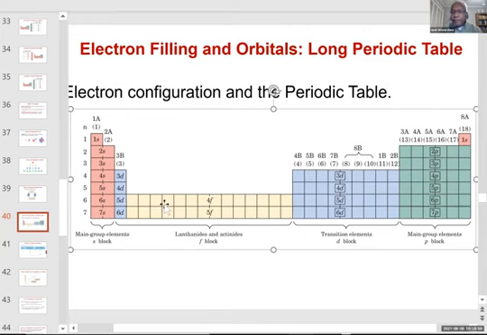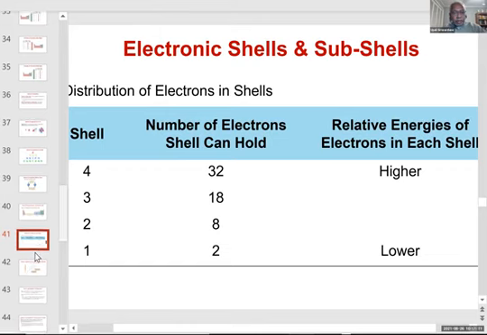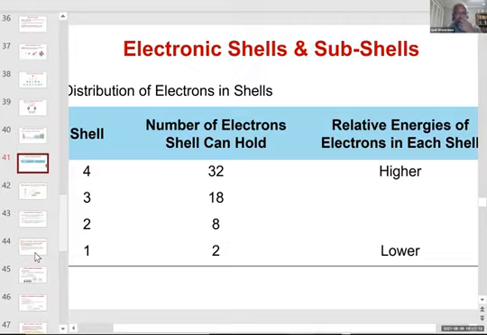So 18 plus 14 is 32. So that's how you got the number of electrons. I'm going to use this again. You understand?